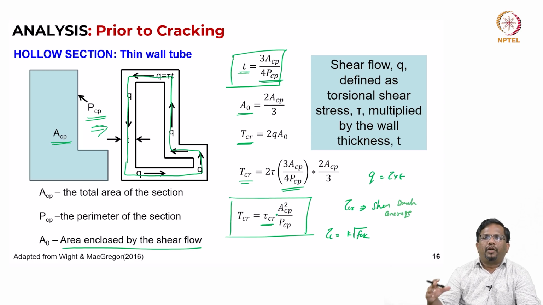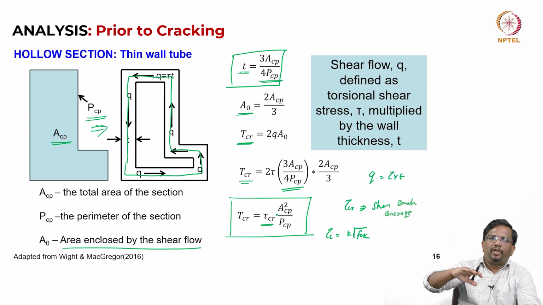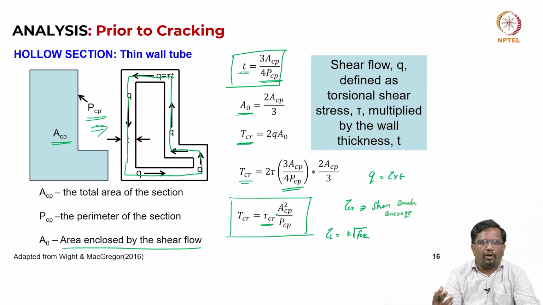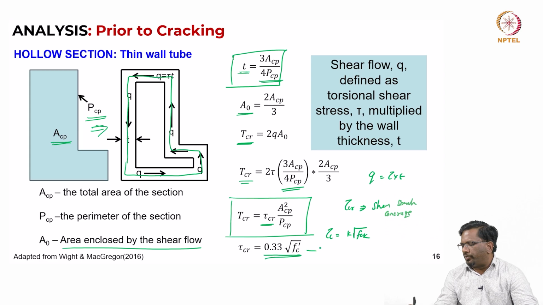Because even though you have a solid member, it is only the outer periphery that will have more shear stress. So, we are assuming this as a hollow section and trying to quickly calculate the cracking torsional moment. So, that is the idea. Usually you see here the cracking shear strength is taken as 0.33 square root of F prime C, and F prime C here is the cylinder compressive strength.